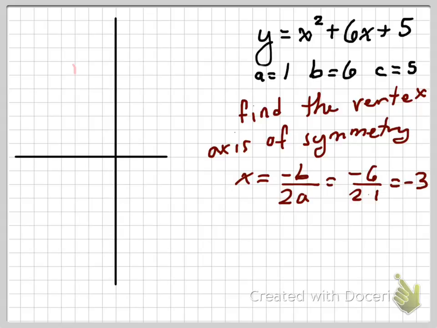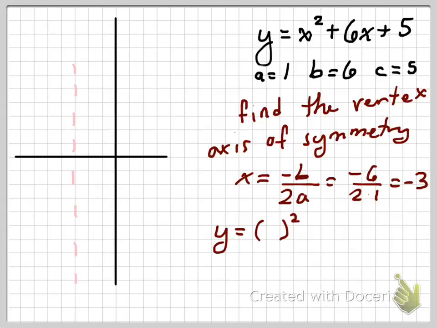We can see then that our axis of symmetry is going to be right over here at x equals negative 3. Once we have the axis of symmetry, the next thing we're going to want to do is find out what y is at the value x equals negative 3.